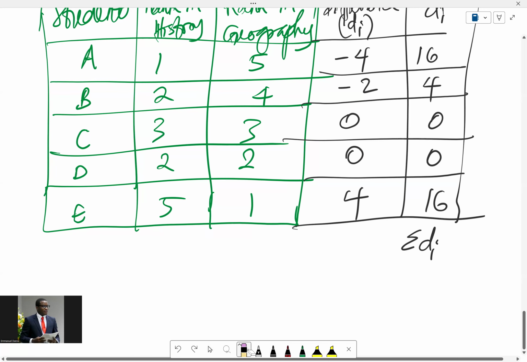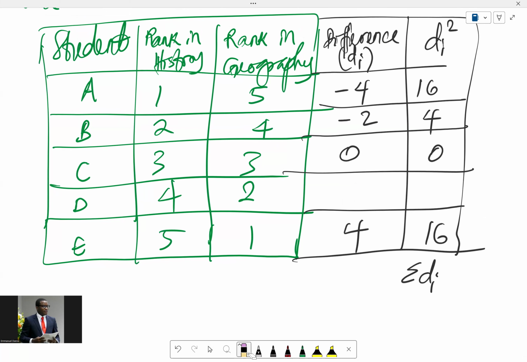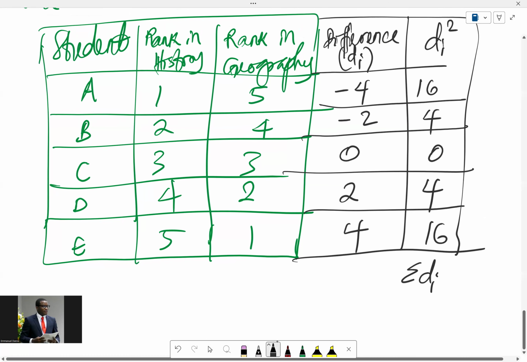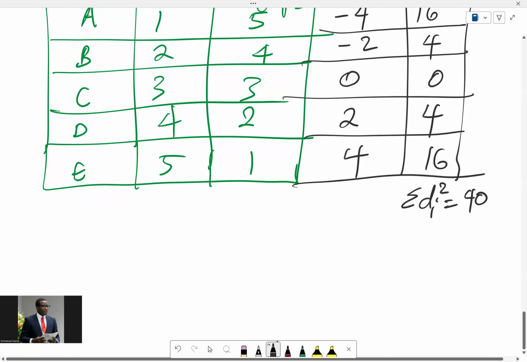This part is rank 4 actually, so 4 minus 2 is 2, and 2 squared is 4. So the summation of di squared is 40.